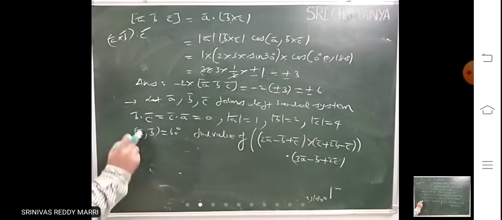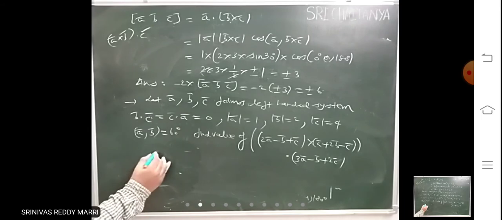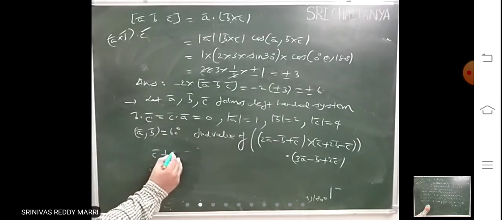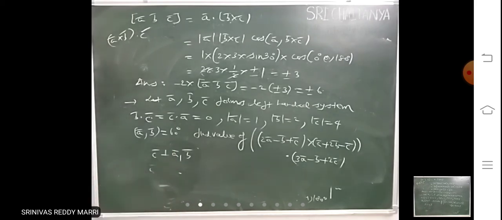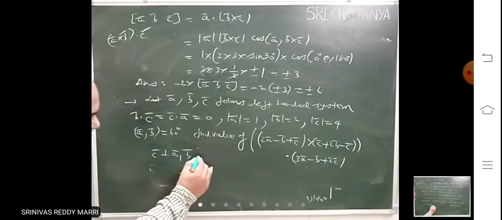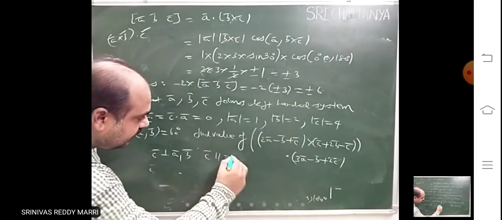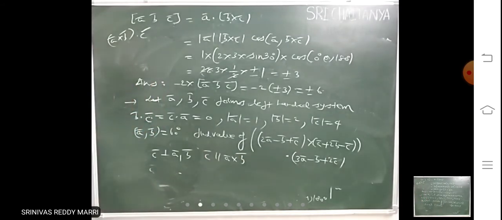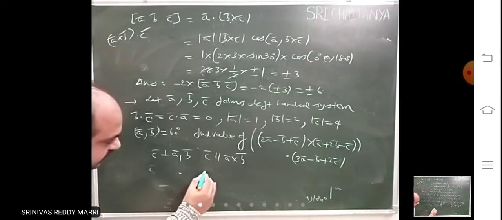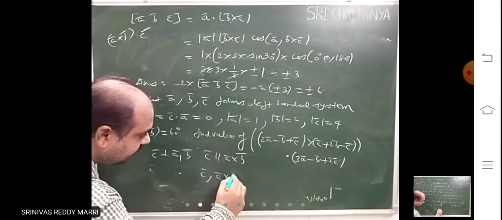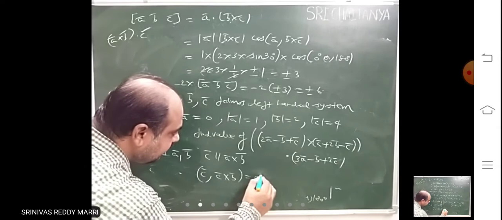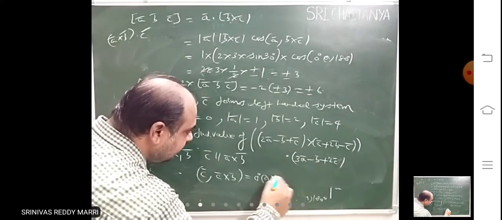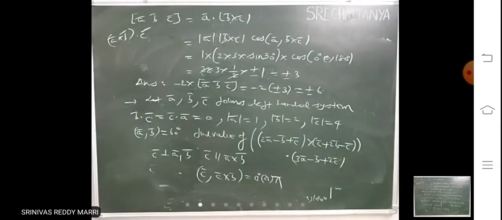Here c bar: b dot c equal to c dot a equal to 0. C bar is perpendicular to both a bar and b bar. C bar is collinear, parallel means collinear. So if they are collinear, the angle is what? 0 degrees or pi.